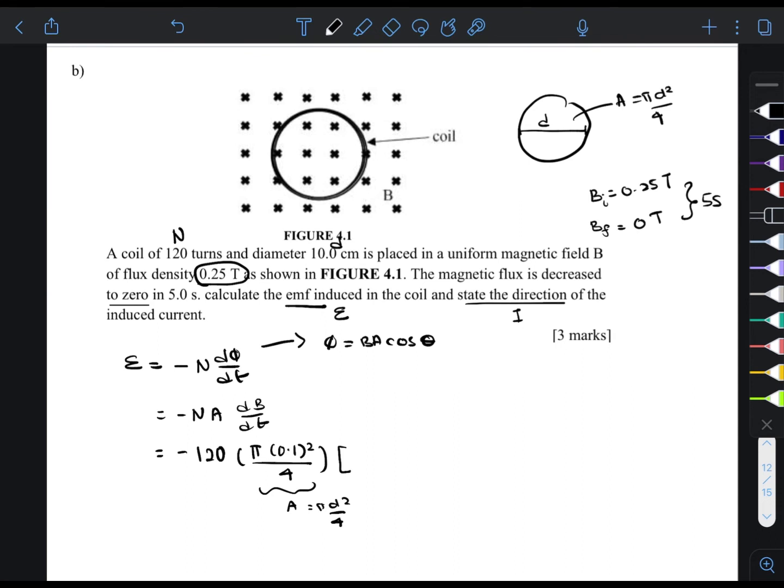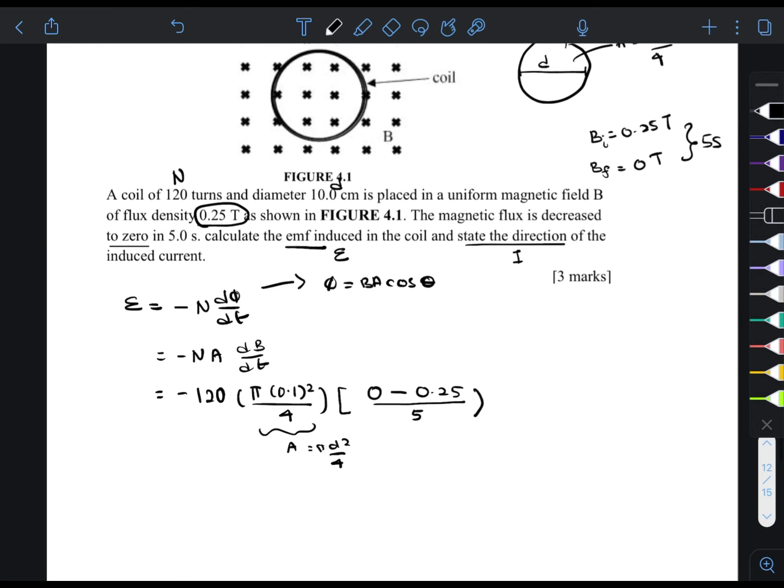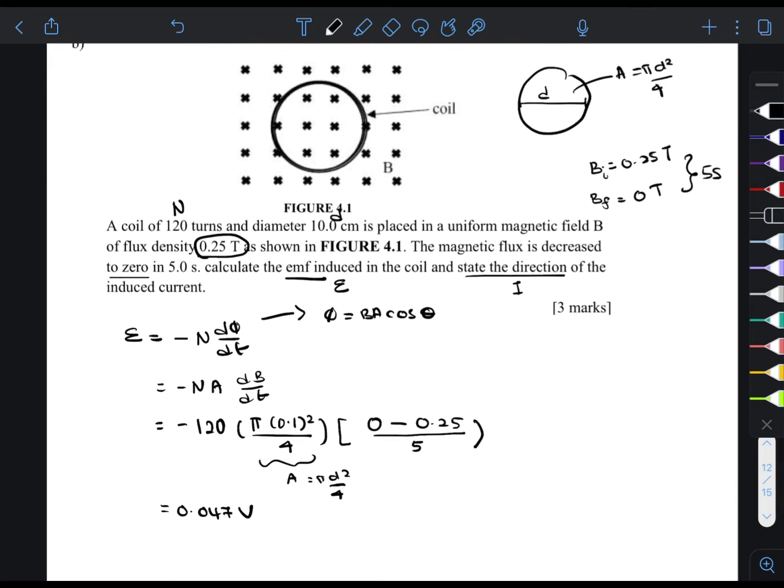So it changes from 0.25 to 0, so final Tesla minus the initial Tesla divided by the time. Then you press your calculator. You will get 0.047 V. So this is the EMF that we have induced here.